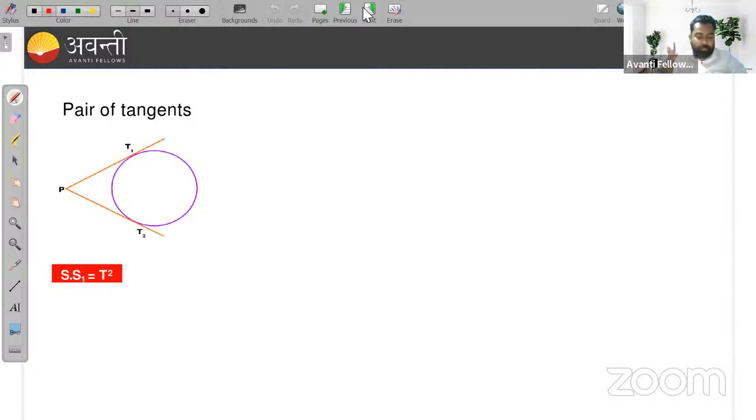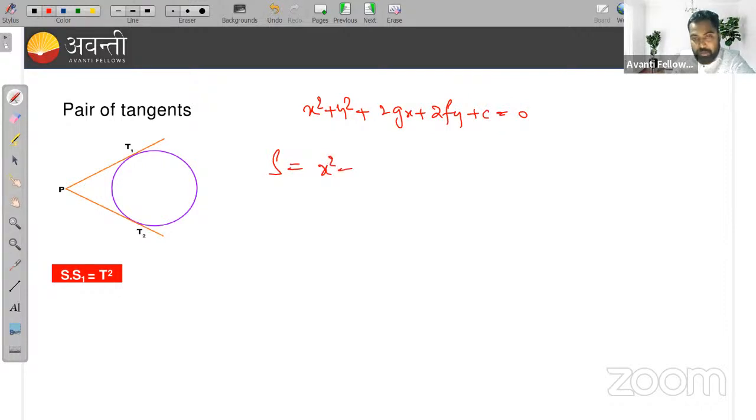So here I'm telling you again, if the equation is like this, x square plus y square plus 2gx plus 2fy plus c is equal to 0, then S is, what is S? S is x square plus y square plus 2gx plus 2fy plus c. What is S1?